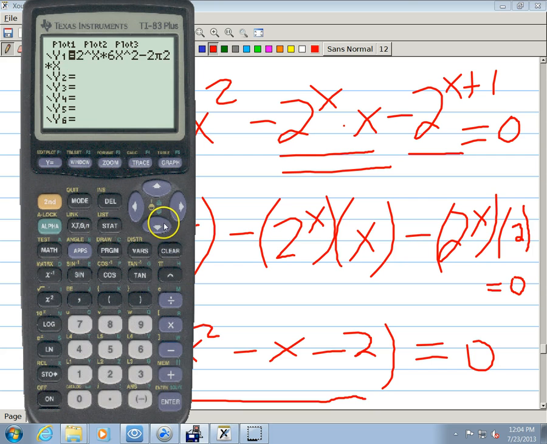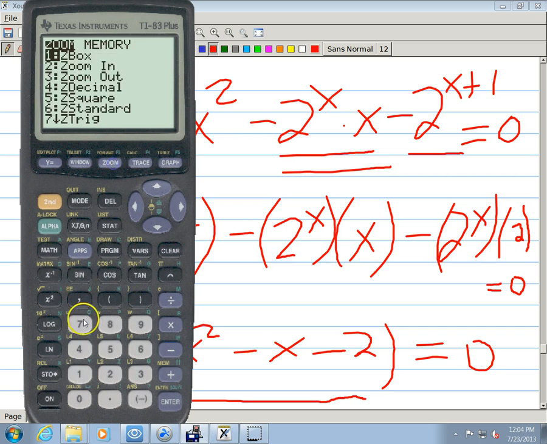Whoa, what happened there? What is that? Minus 2 to the x times x. There you go. Okay. Minus 2 to the x plus 1. Minus 2 to the quantity x plus 1.